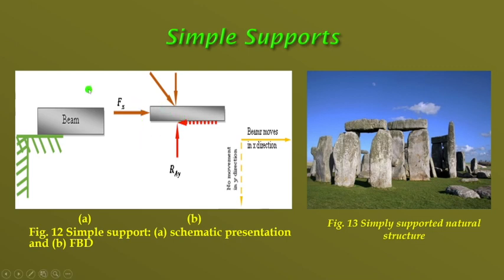And though an x component of force is there, still no horizontal component of reaction is present. Same as the roller support. Generally in structural support, simple support is not used.